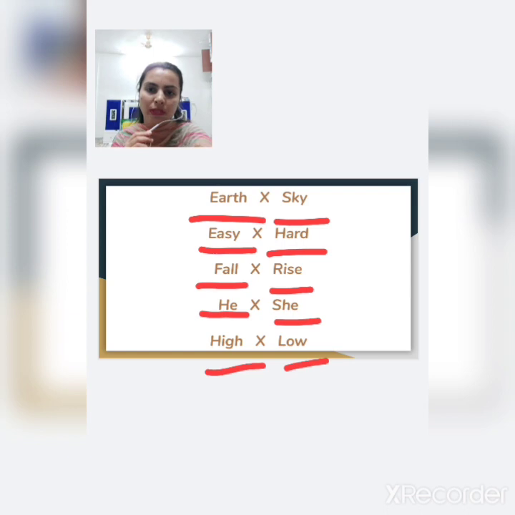Now repeat one more time. Earth, and the opposite of earth is sky. Next is easy, and the opposite of easy is hard. Next is fall, and the opposite of fall is rise.